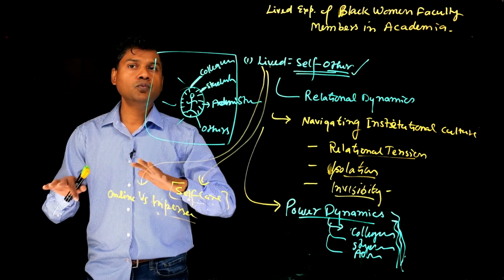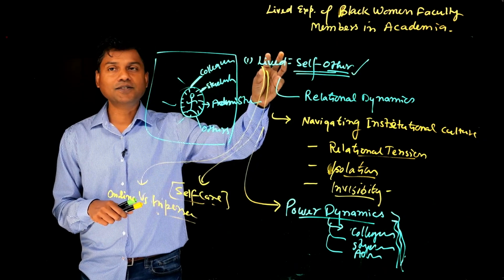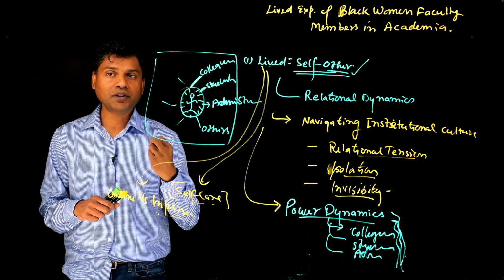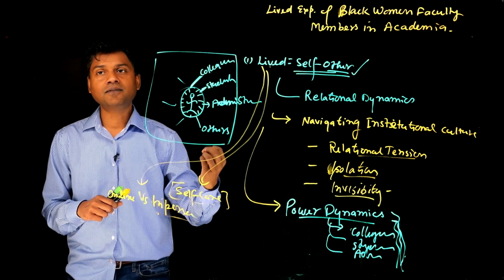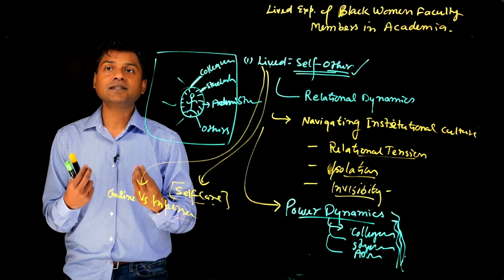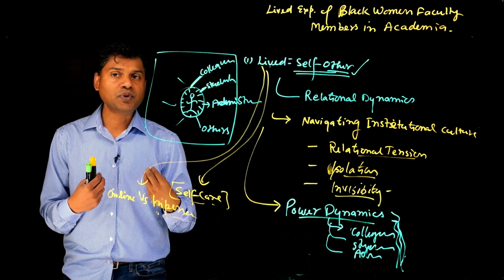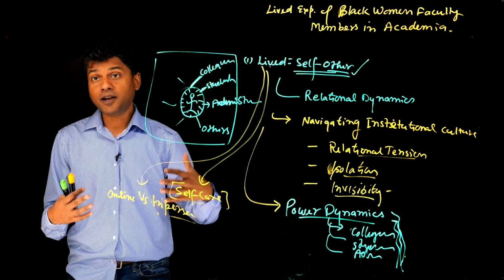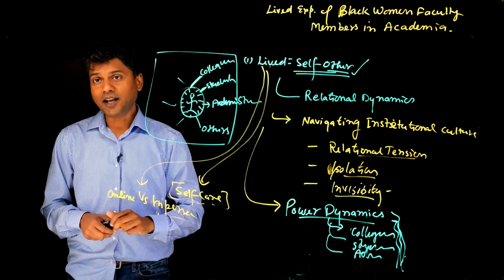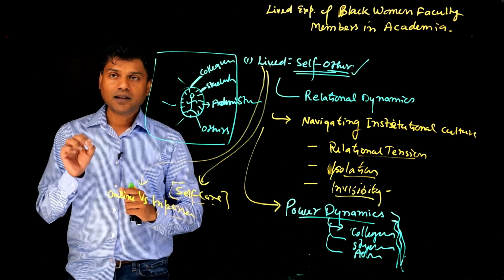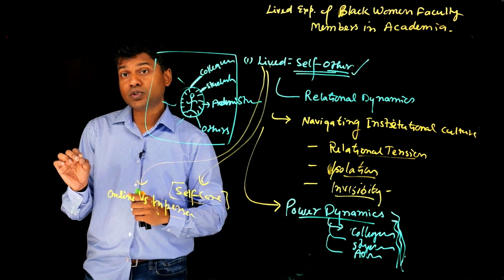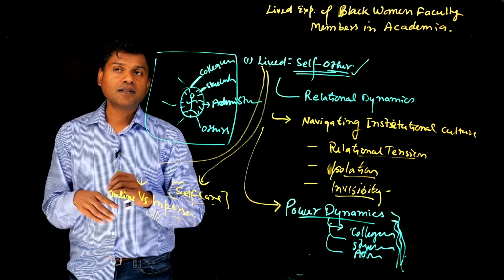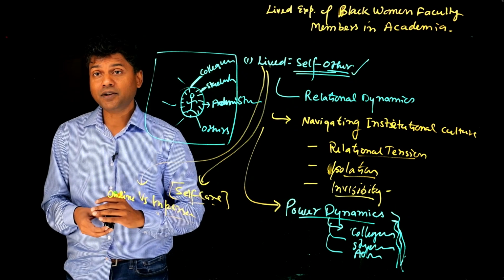No matter what human experience you are exploring, this is always going to be part of that exploration, part of that human experience, which is self-other, how I'm experiencing self and how I'm experiencing other people in my relationship around them. So this template can help you look at the data, develop some deeper meanings in those data, and understand the structures in those meanings that the participants have shared.